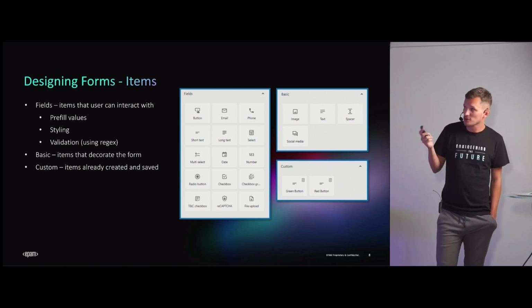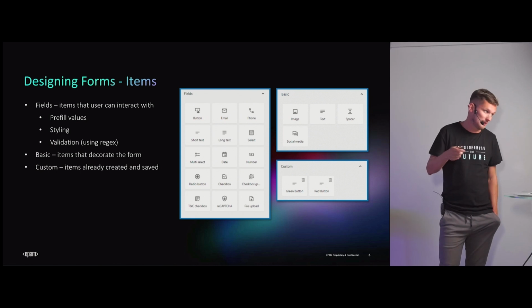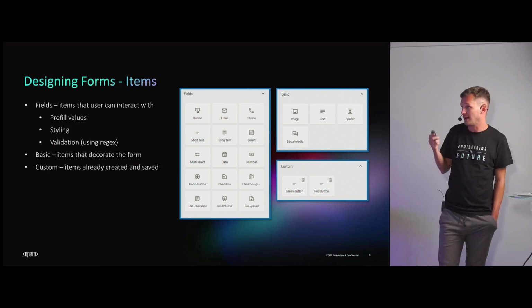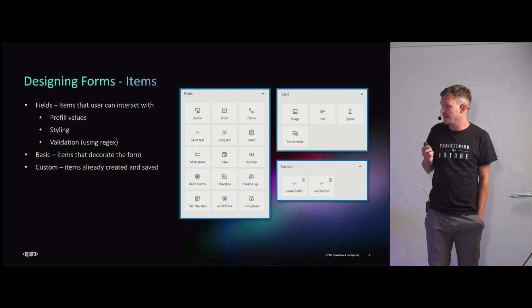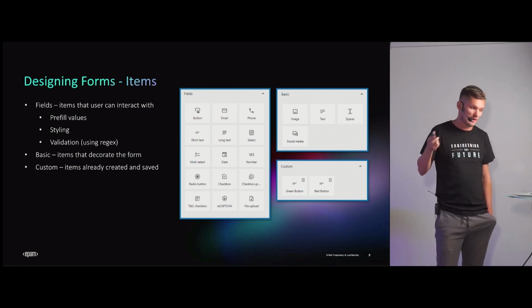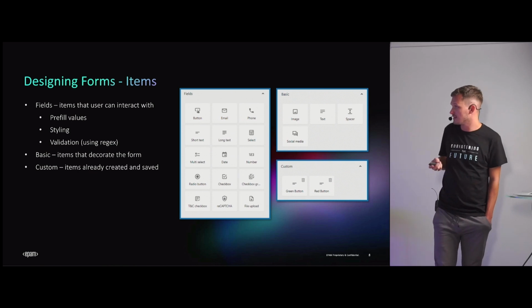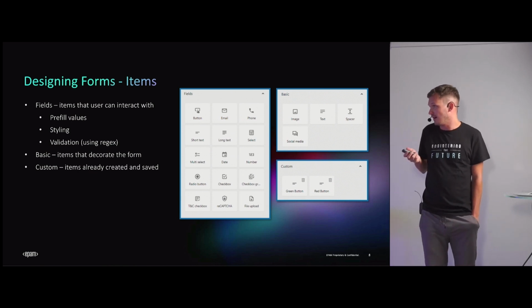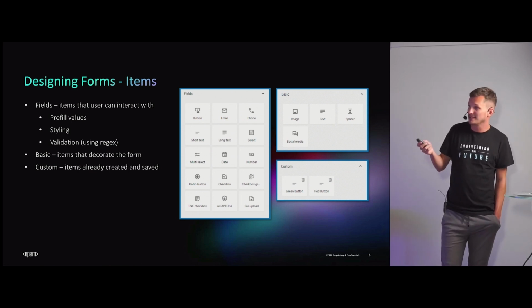And for those, you can prefill some values, you can adjust some styling if you want, you can add some validation using regex. And yeah, then we have basic items. These are decoration items, like images, spacers, and texts. And lastly, the custom items.